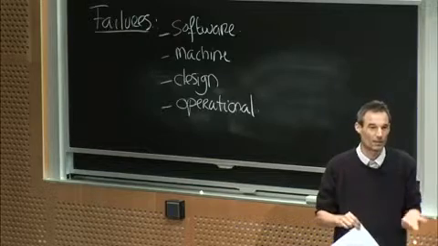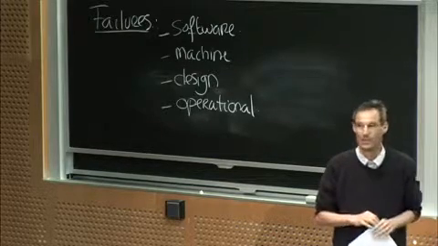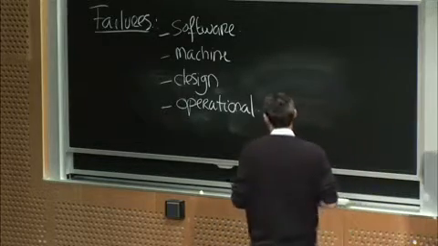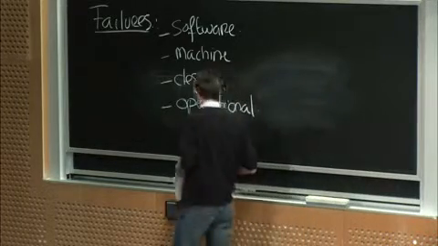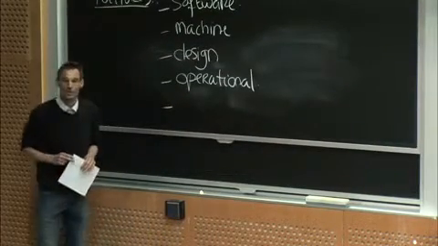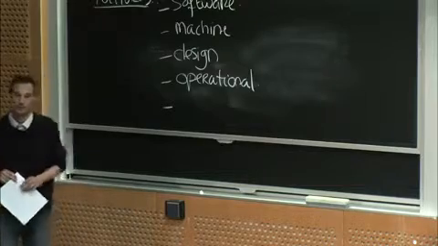It happens periodically, where some fragment of the internet gets disconnected from the rest of the internet. And so operational errors are a very common source of failures, and if we want to make our systems fault-tolerant, we have to think about those.